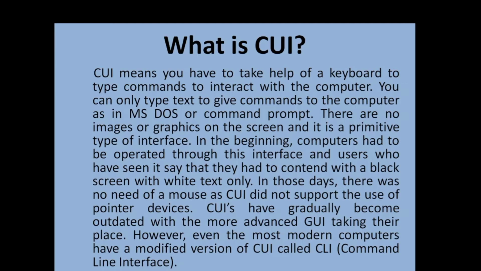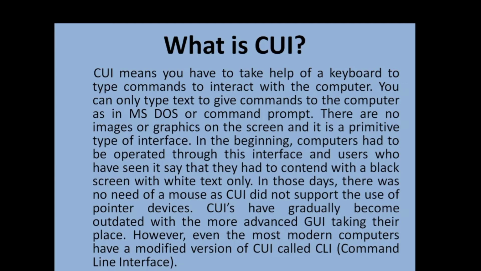When computer systems began, users could only work on the CUI operating system, an interface with a black screen and white text. In those days there was no need of a mouse, as CUI did not support pointing devices. We only required a single device to type the commands.